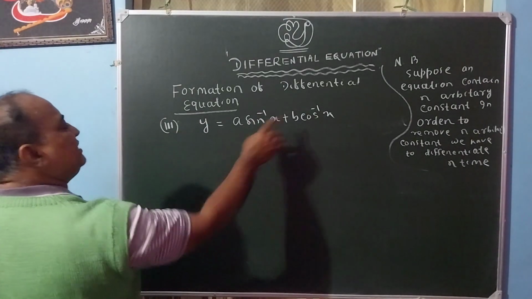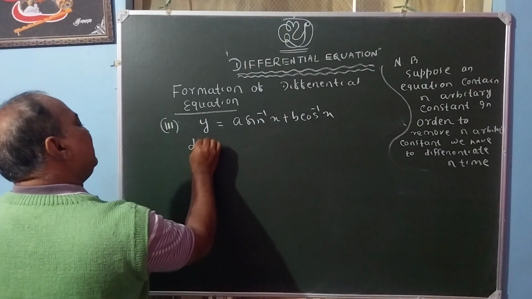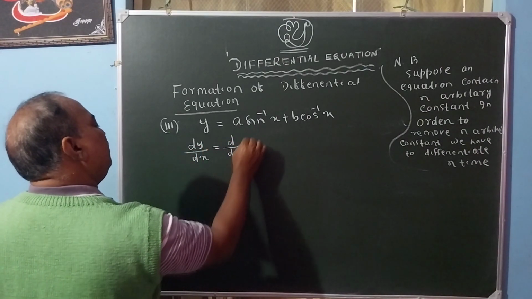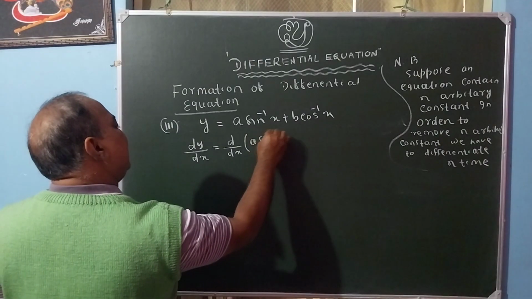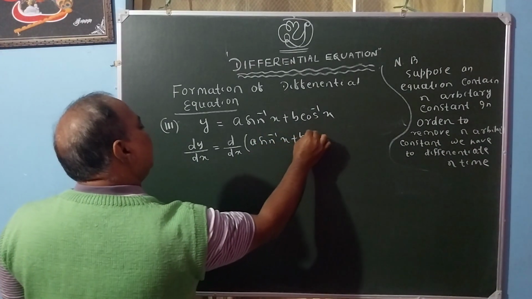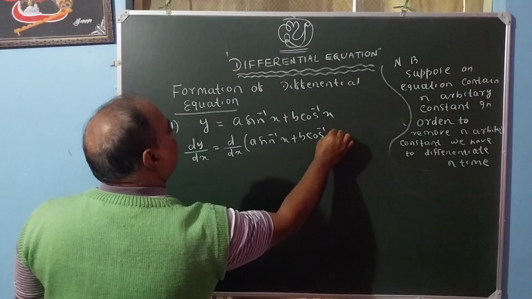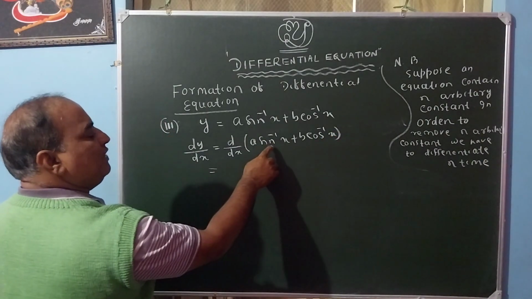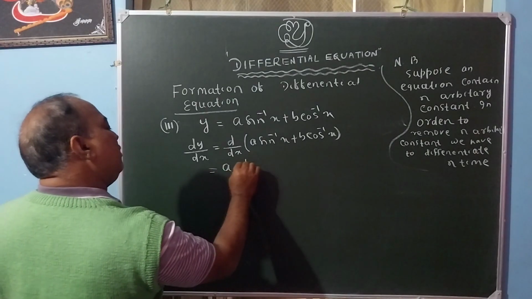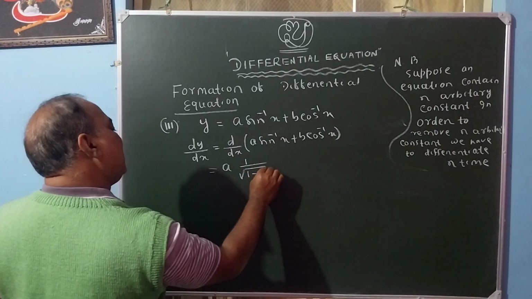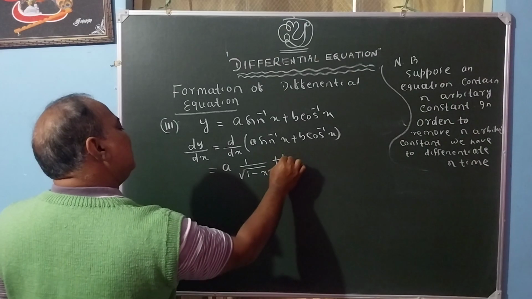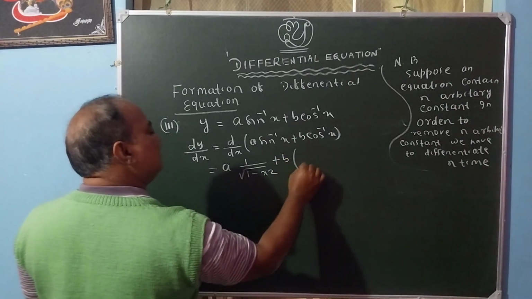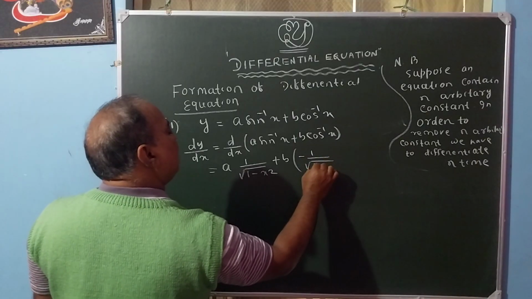So first of all differentiating it, we get dy/dx equals d/dx of a sin inverse x plus b cos inverse x. a is a constant that will be coming outside, derivative of sin inverse x is 1 upon square root of 1 minus x square. b is a constant that will be coming outside, derivative of cos inverse x is minus 1 upon square root of 1 minus x square.